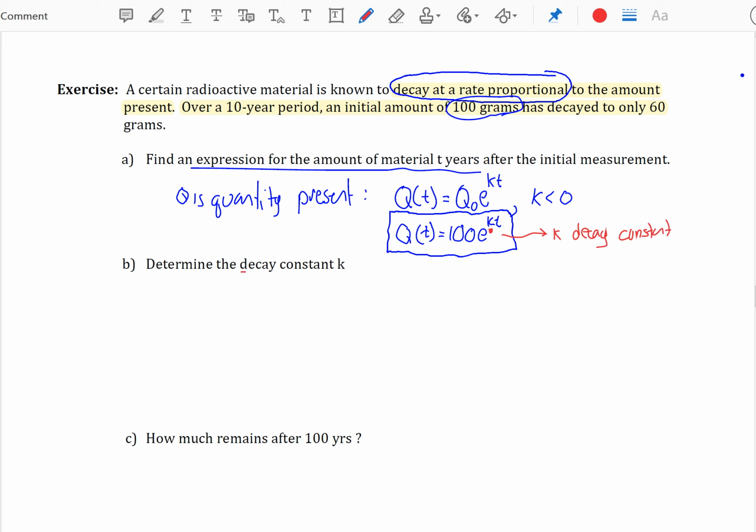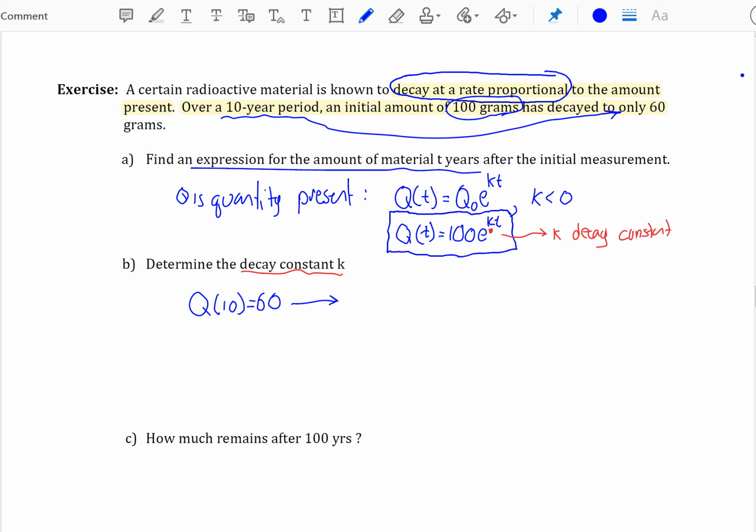So let's find the value of our decay constant. We're going to use the fact that we know that after 10 years, there's only 60 grams left. So this tells us Q of 10 is equal to 60.